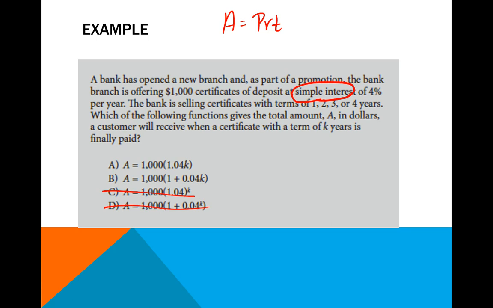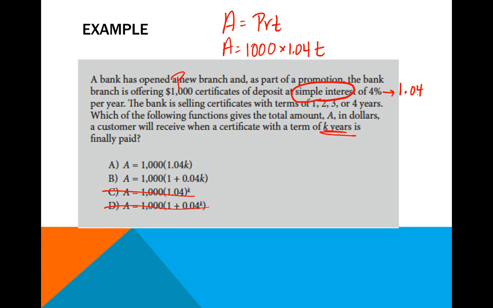So from there, plugging everything in, our amount is equal to the principal, so what we initially had, $1,000, times the rate, which is 4%. So 4% is 0.04, but we need the initial investment and that 4%, so it's really 1.04 times the amount of time.